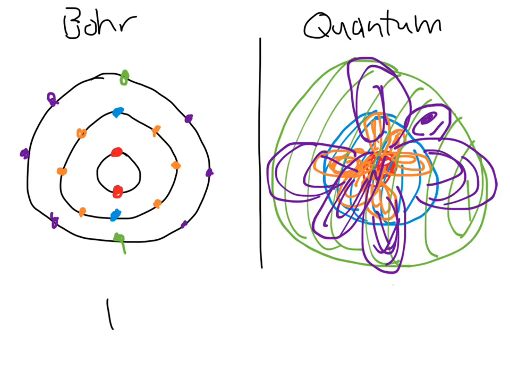In the first energy level, doing an S shape, I had 2 electrons. Then we went to the second energy level, and I had 2 electrons doing an S shape there.